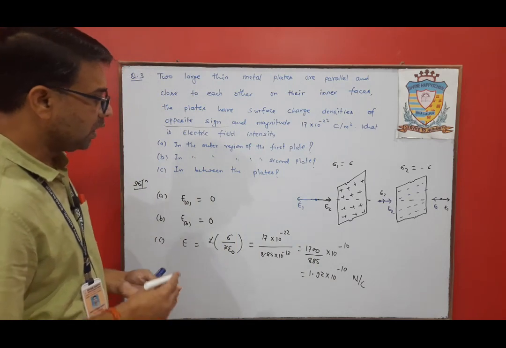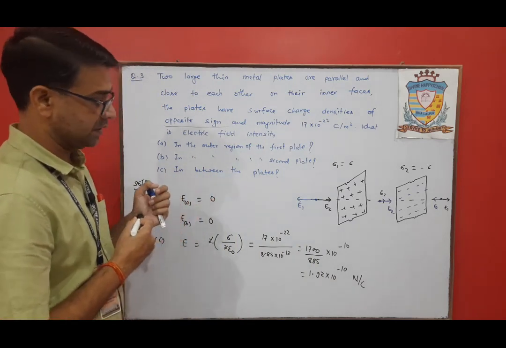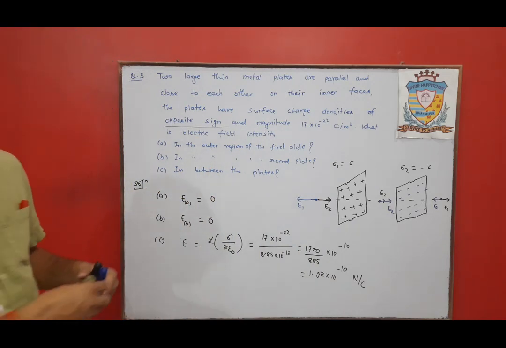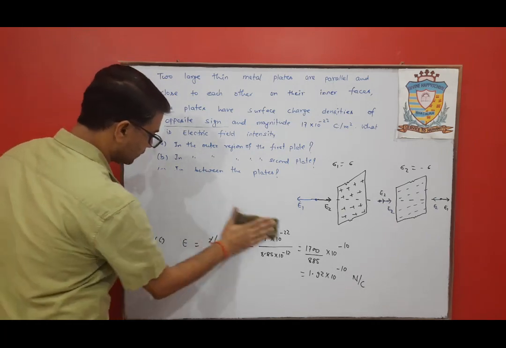So this is the total electric field intensity in between the plates. Next, numerical number 4.